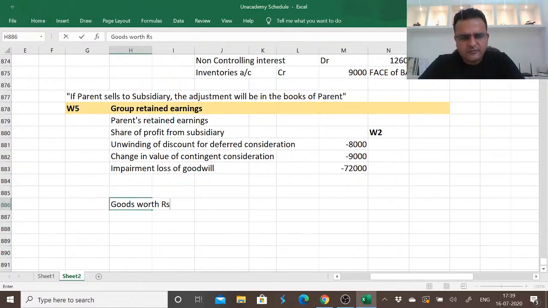Goods worth rupees 150,000 were sold at a markup of 30%, and half of the goods remain in inventory.